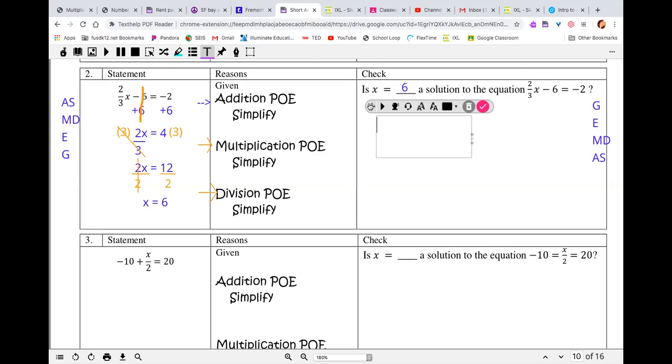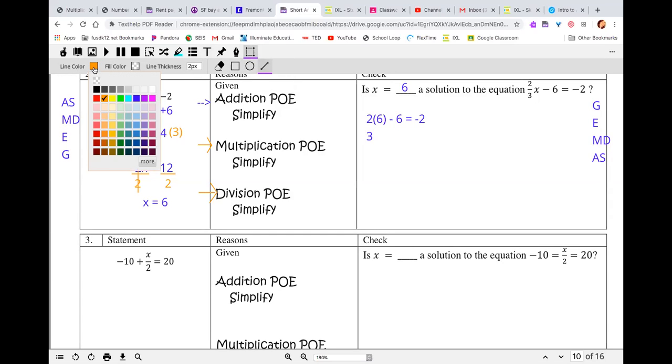And then rewrite the problem. 2 times 6 minus 6 equals -2, the bottom's 8. Okay, so I have 2/3 times 6 minus 6 equals -2.